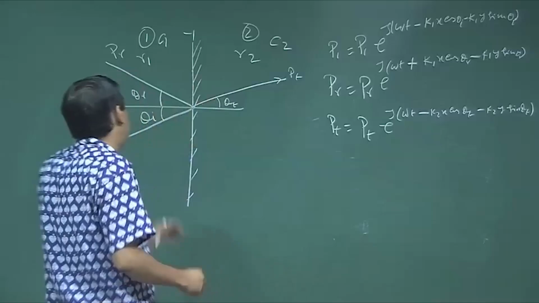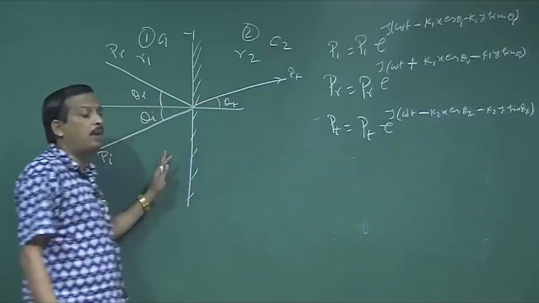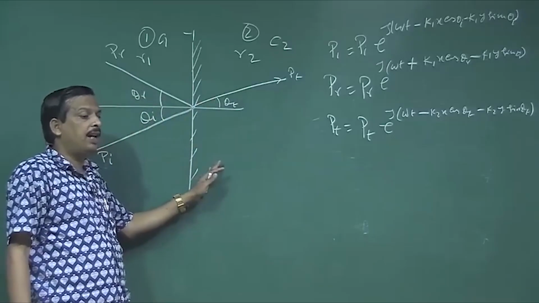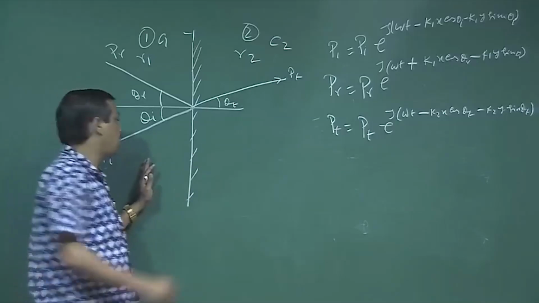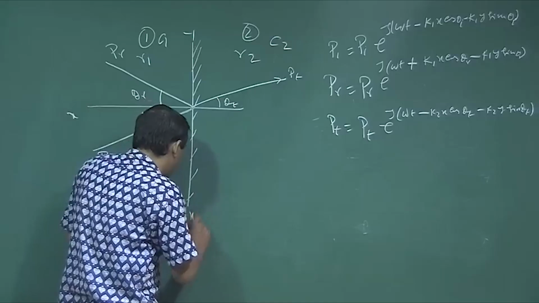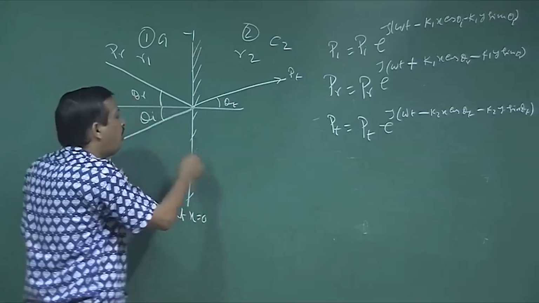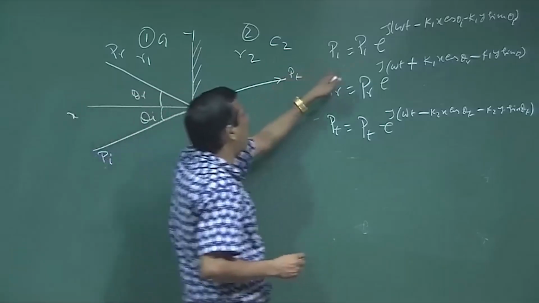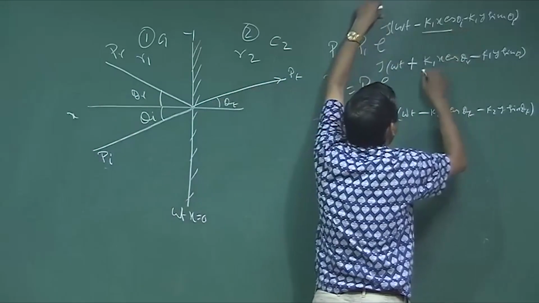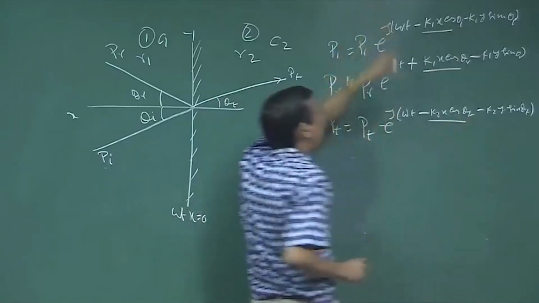Now, the condition at the boundary: as I said, at the boundary the pressure on both sides will be equal. So, at x equal to 0, the x term vanishes.